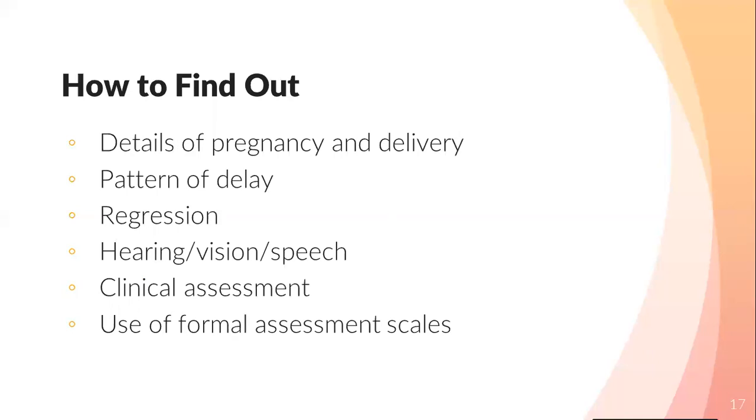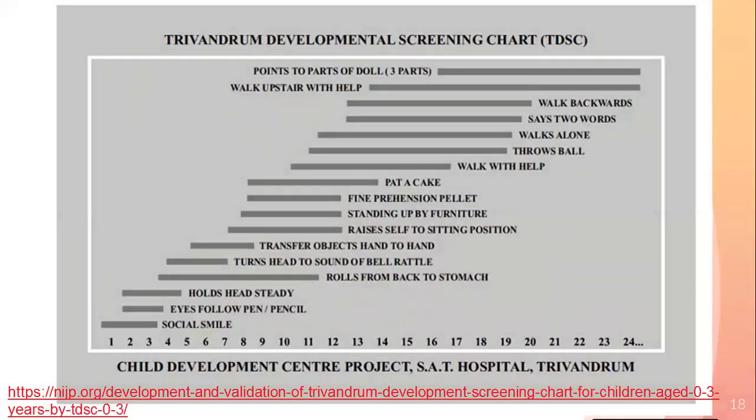Definitely, proper assessment of hearing, vision, and speech and language is important, and clinical assessment is also important. There are various assessment scales which could be applied to see whether the child is following track. This is the Trivandrum Developmental Scale, TDSC. It shows that by slightly more than 3 months of age, this scale is in months.